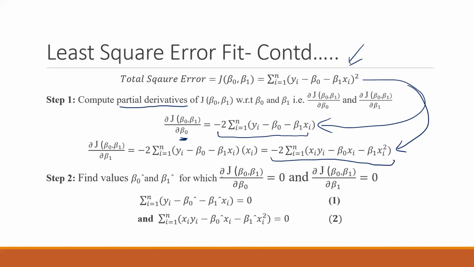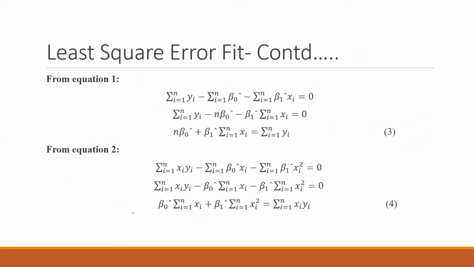Now if you want to calculate beta naught hat and beta 1 hat, you have to equate both equations to 0 and solve them. So n beta naught plus beta 1 hat times the summation of xi is equal to this, and in this case the equation looks like this. It might look complex at this stage, but let's see what happens next.